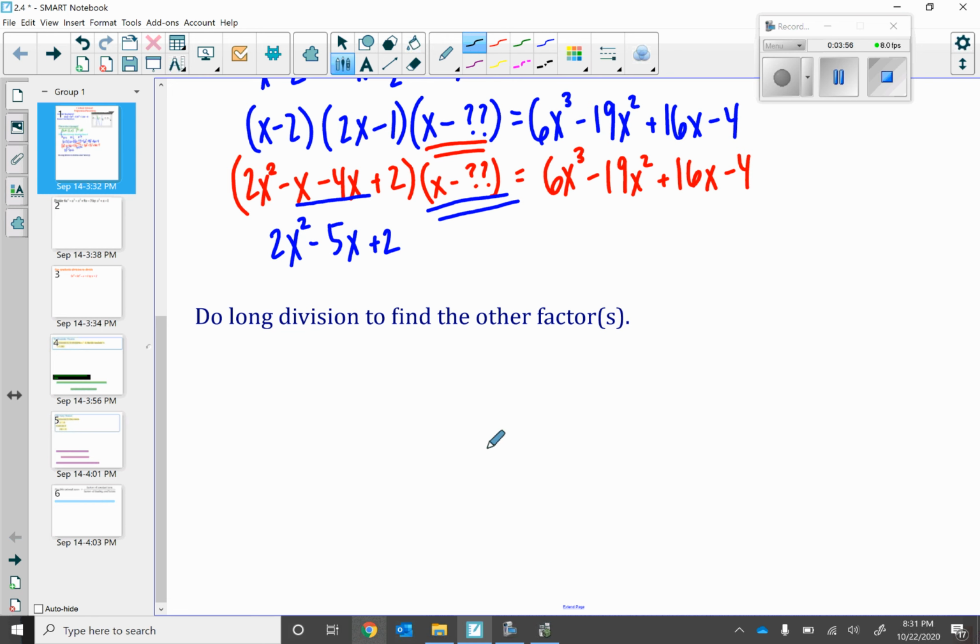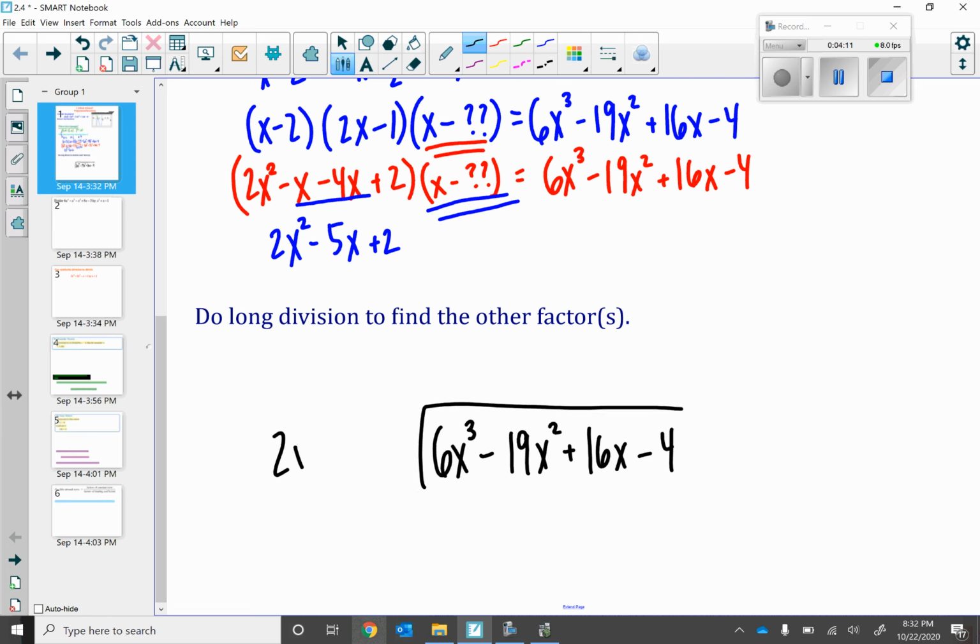I have 6x cubed minus 19x squared plus 16x minus 4, and I'm dividing that by 2x squared minus 5x plus 2. Maybe you remember long division, maybe you don't, but I think it's going to come back to you.